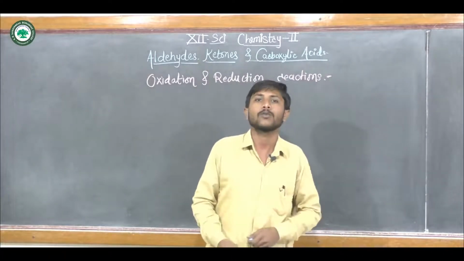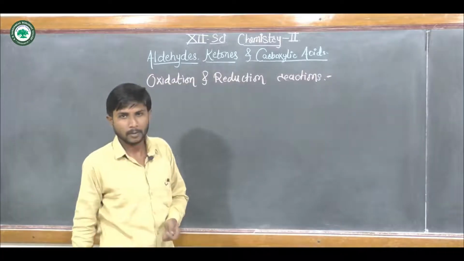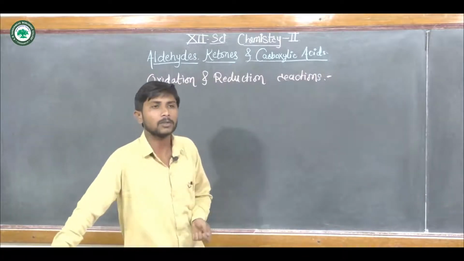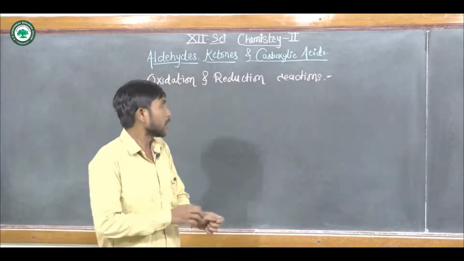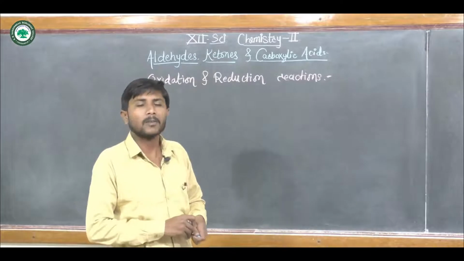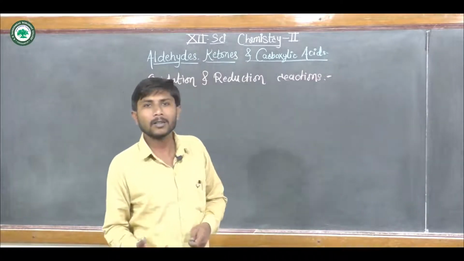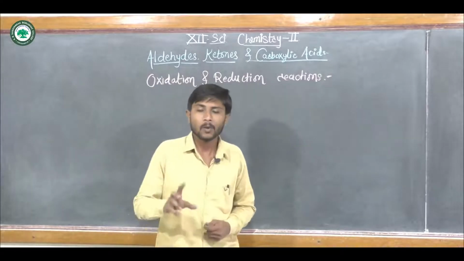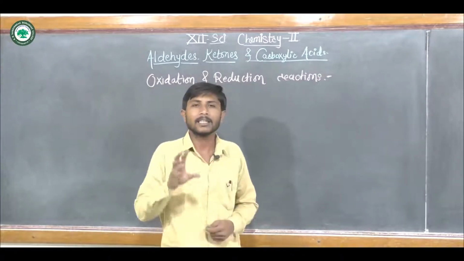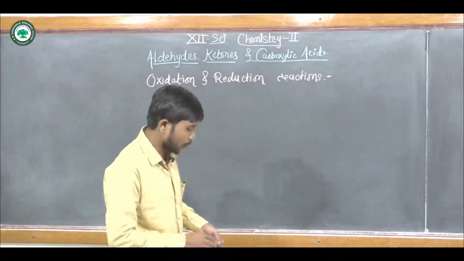For oxidation of aldehydes and ketones, we can use dilute nitric acid or potassium permanganate or potassium or sodium dichromate. These are mild oxidizing agents which oxidize aldehydes or ketones to the corresponding carboxylic acid.